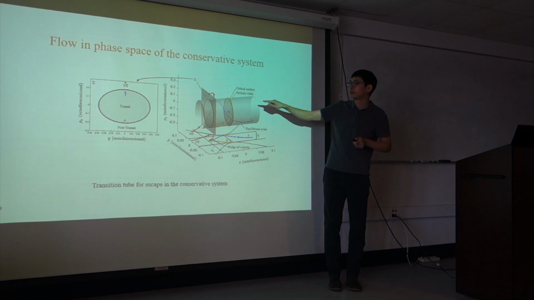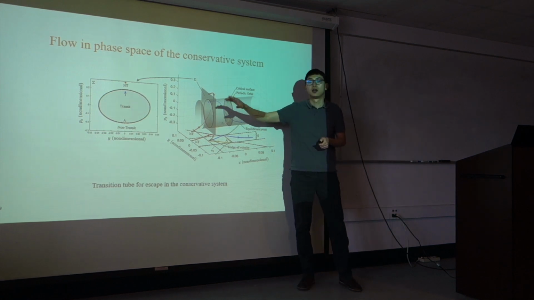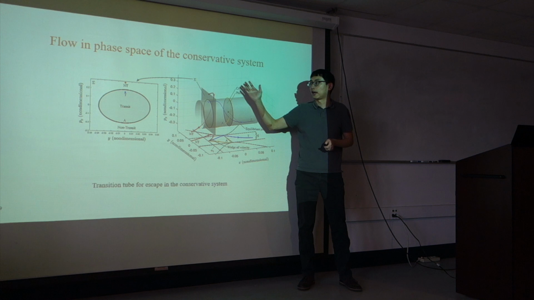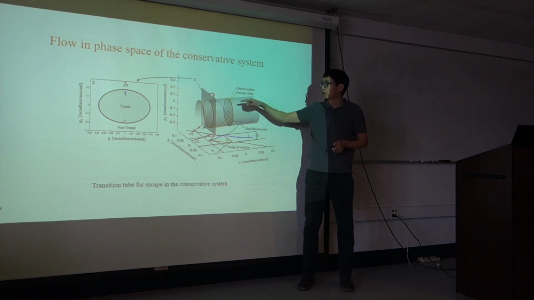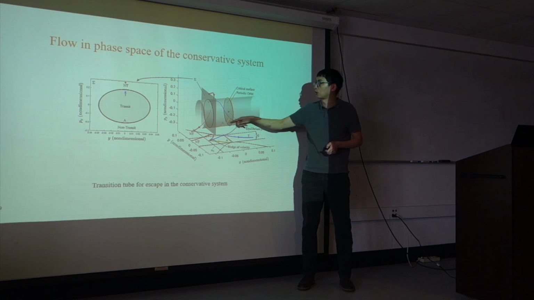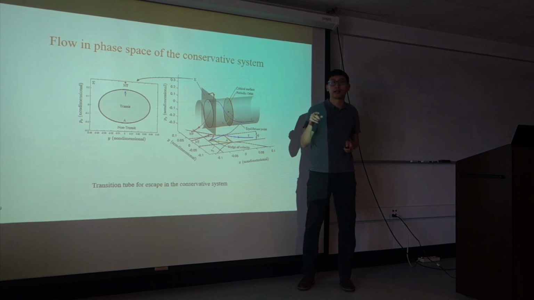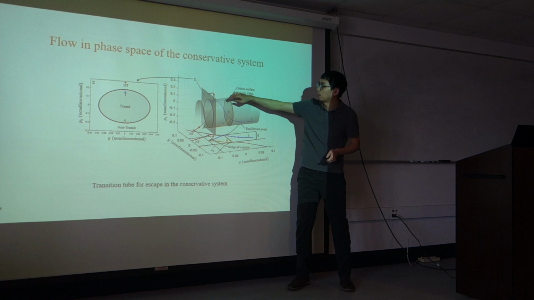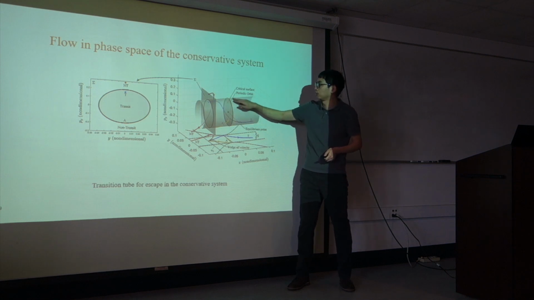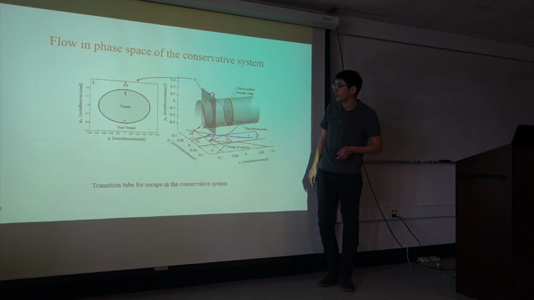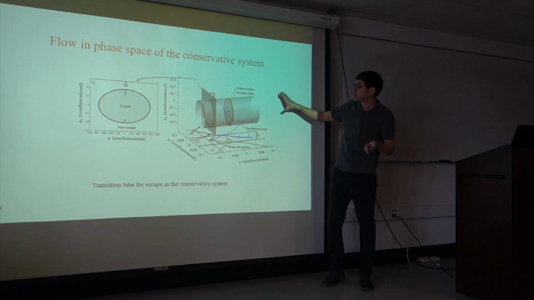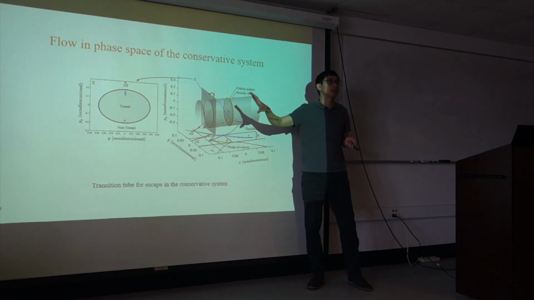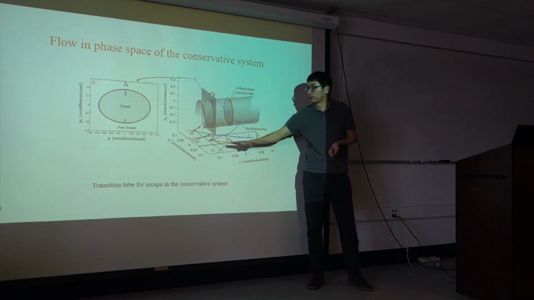In this case, the transit orbit can cross the critical surface, and the non-transit orbit will bounce back before it reaches the critical surface, and the asymptotic orbits will gradually approach the critical surface. Here, I want to mention two behaviors. The first one is that the transition tube for the linearized dynamics is parallel to the position space.